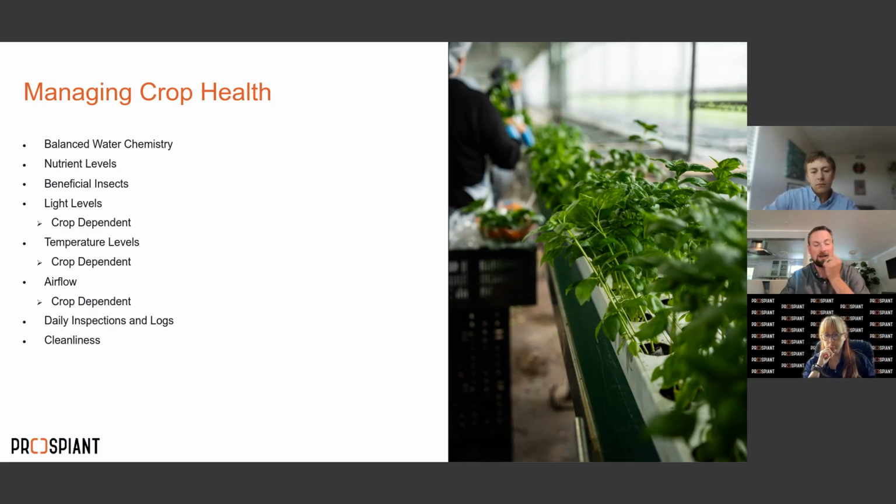But we're seeing more and more these days the decoupled systems, which I'll talk about in a further slide, where you're able to add in supplements to the hydroponic system to raise other plants besides just leafy greens. So you're able to add more chelated iron. You're able to add more phosphorus and more potassium.